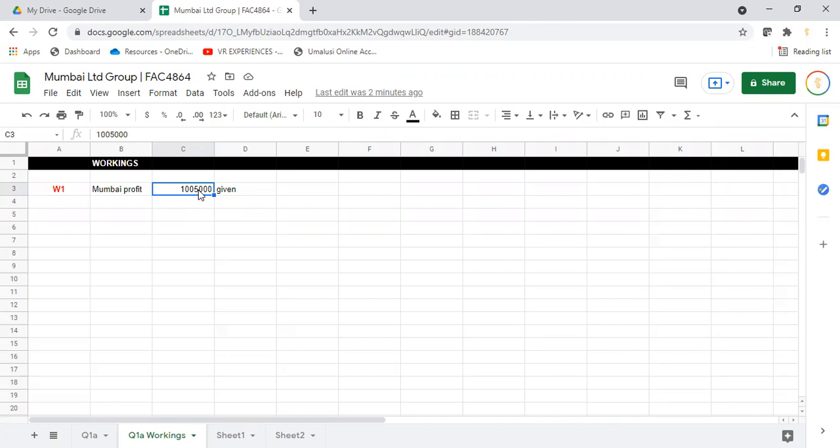So one part of the journal decreases profit, the other part increases profit, so the impact on profit is 0. Therefore, when you do a profit calculation, we don't need to bring in journal entry number 1 of eliminating sales and cost of sales, because the impact on profit is 0.